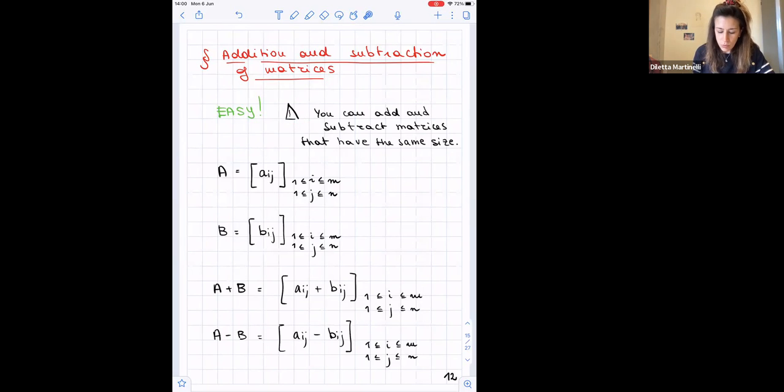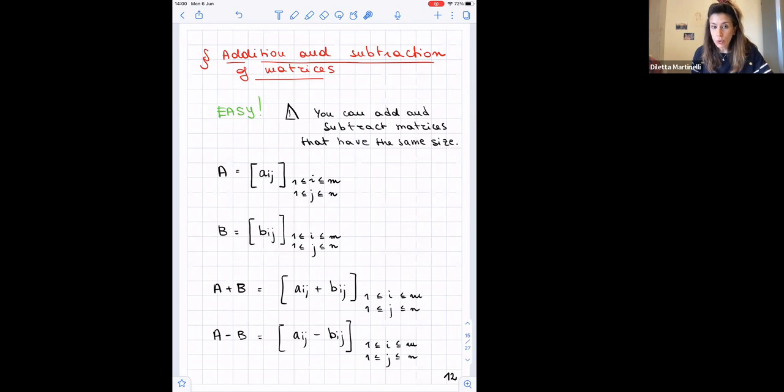So we take A and B with the same size, m rows and n columns, and you just get a new matrix if you add or subtract all the entries together. Those are very easy operations when matrices have the same size.